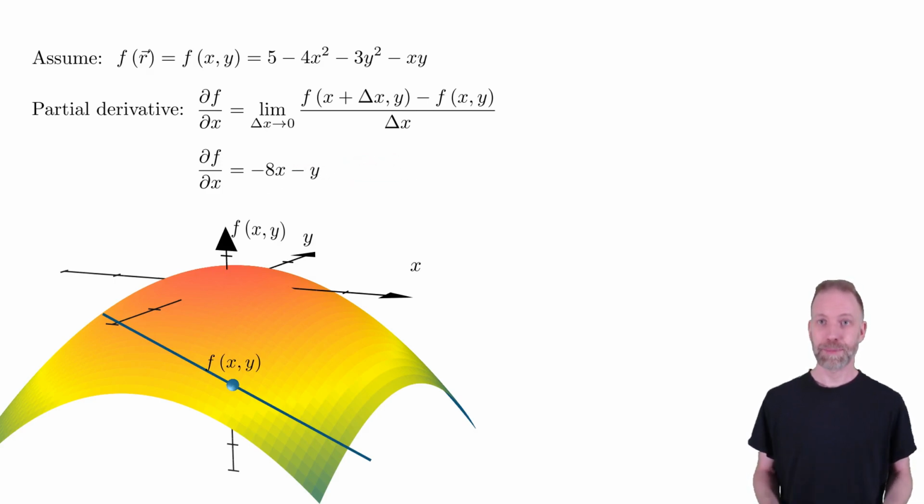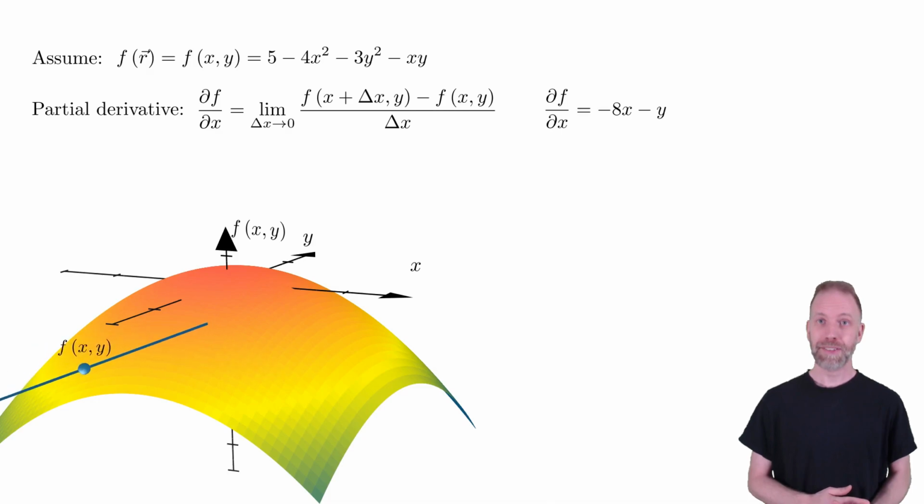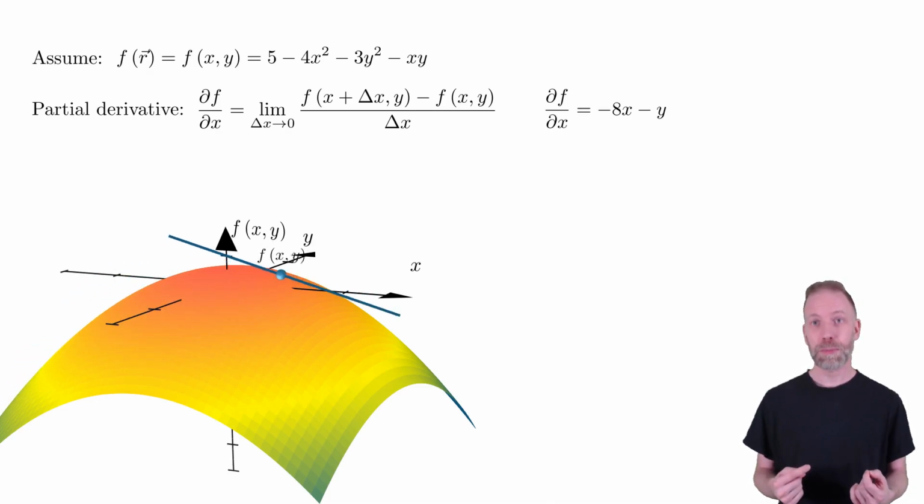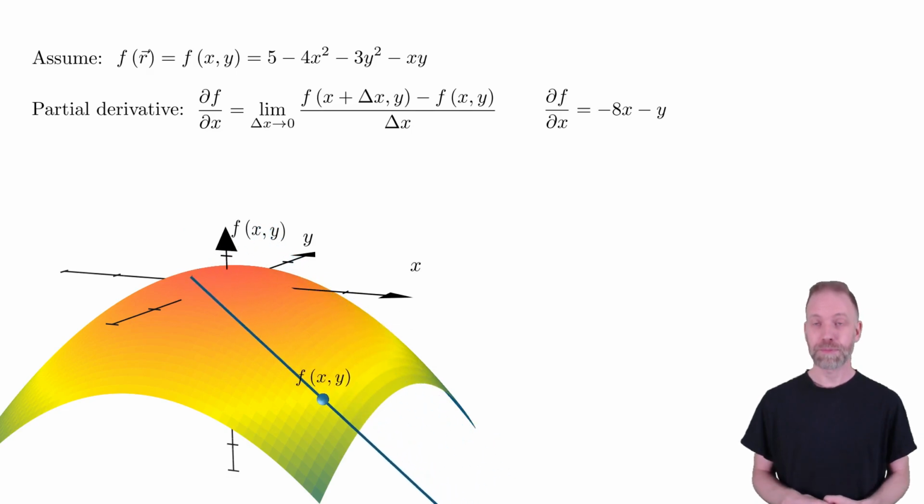And the final result becomes minus 8x minus y. This is the same expression you would get if you take the derivative of f with respect to x and assume that y is a constant. If I let the point move around, we can see that it will always be the slope in the x direction at a given point.